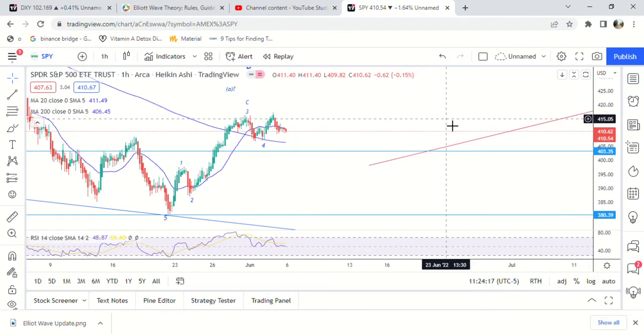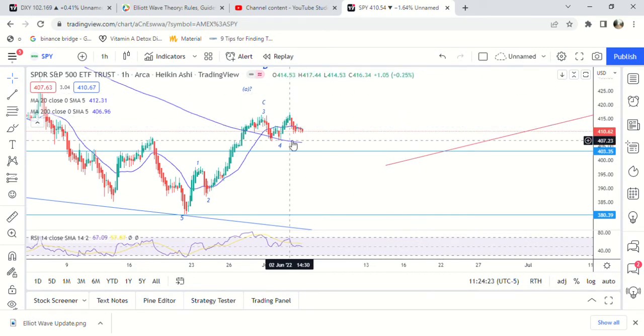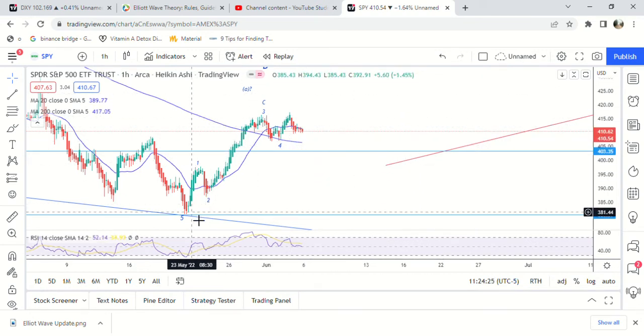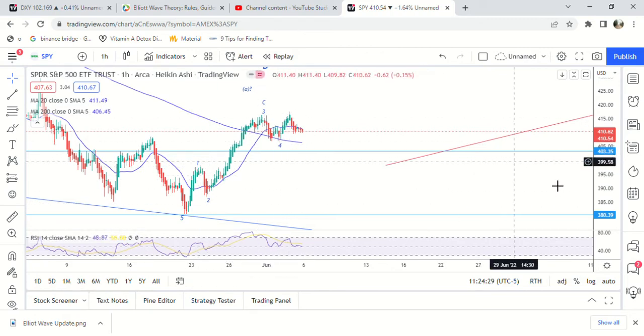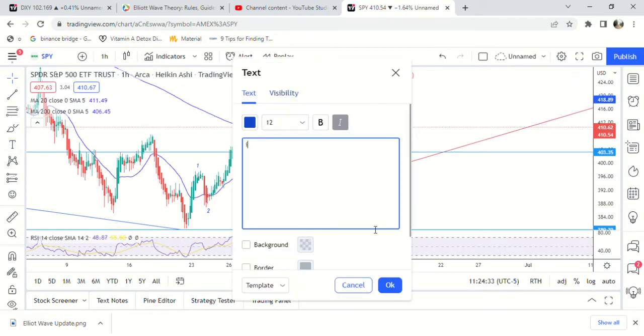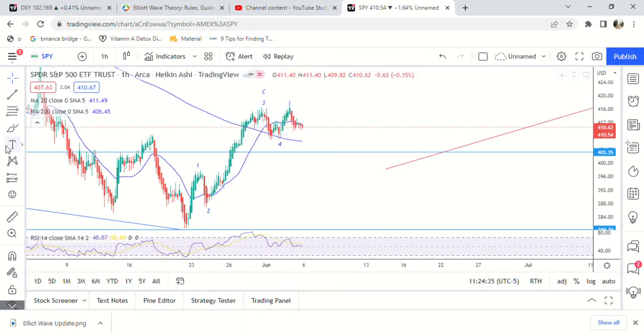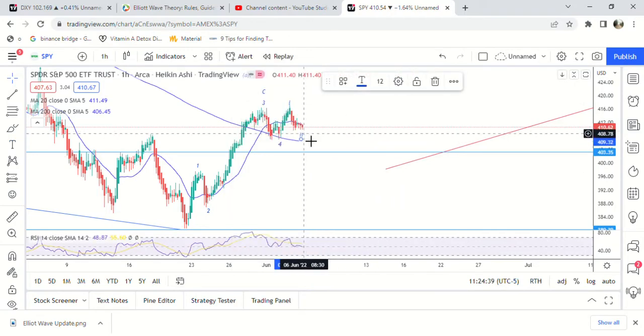Still possible, but it's probably a little bit more realistic that we have a 1, 2, 3, 4, and then 1, and 2 right here.